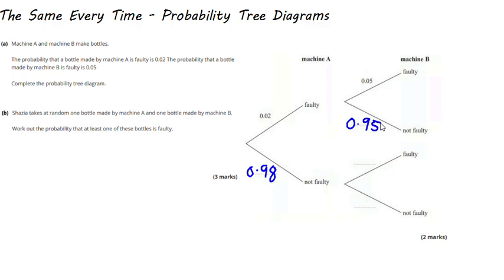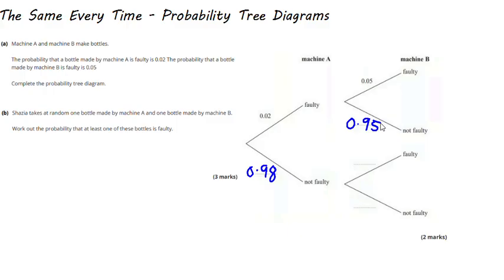Machine A and machine B make bottles. The probability that a bottle made by machine A is faulty is 0.02. There you go, we see that one. And the probability that a bottle made by machine B is faulty is 0.05. Complete the probability tree diagram. Well, actually, nothing's changing, is it? The probabilities are not changing here.